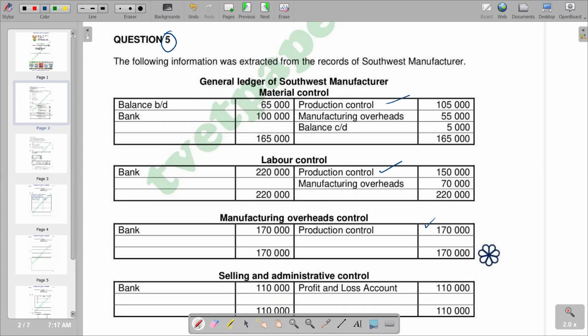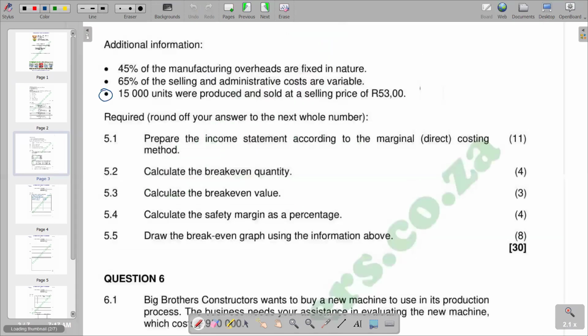So we need to see the proportion for variable as we are looking for variable cost. If you come here, you see that we are told that 45% of the manufacturing overheads are fixed in nature. So if 45% is fixed, it means the variable one is 100 minus 45, and then we are going to get 55% being variable.